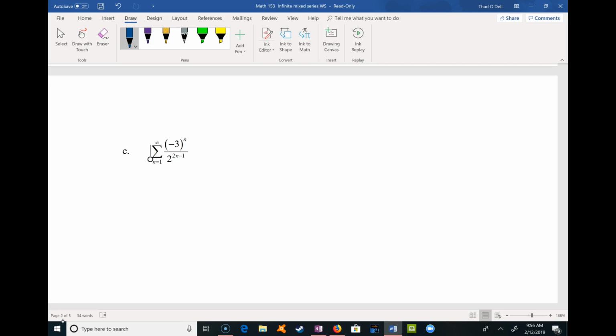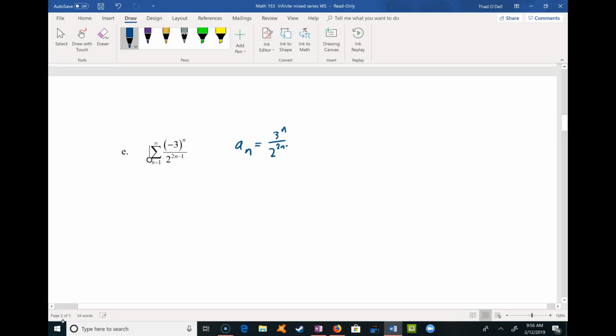So we're going to pick a sub n equal to 3 to the n over 2 to the 2n minus 1. That would be my a sub n, because you can see that this is equal to negative 1 to the n times a sub n. Right? Okay.